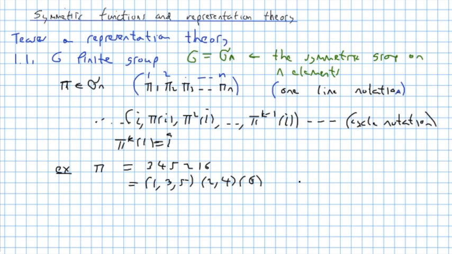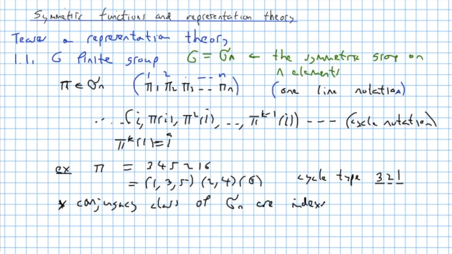Okay, and then we would say that this has cycle type 3, 2, 1, which is the lengths of these cycles we have here. We will review this, but something called a conjugacy class of the symmetric group is indexed by these lists of integers, the lengths of the cycles, so they're indexed by integer partitions.